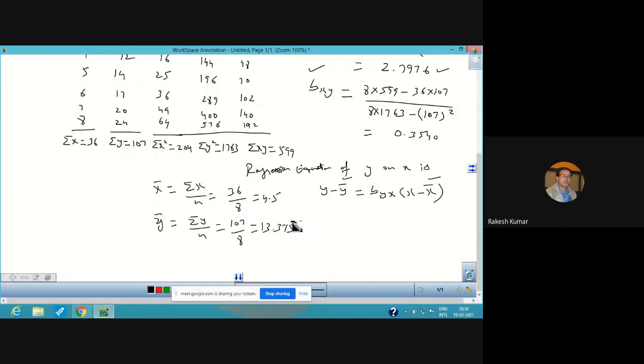So you can substitute the values: y minus 13.375, the regression coefficient is 2.7976. So you can easily get the equation.